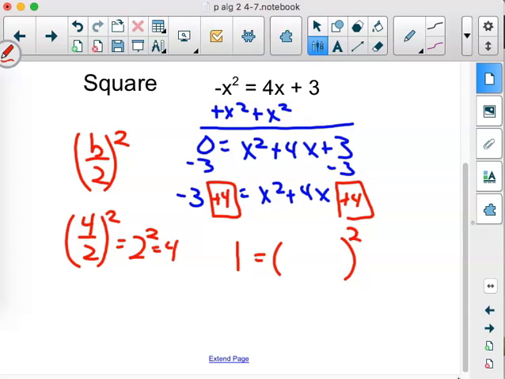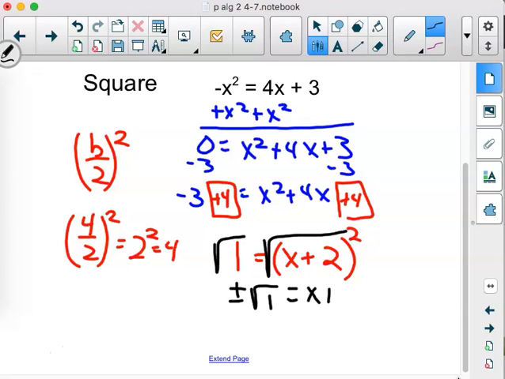And by completing that square that we just did, we made a perfect square trinomial. And you square x to get x squared, and we had to square 2 to get the 4. And this is a plus in the middle, so it looks like this. And now the reason we liked these was because then we could just take the square root of both sides. And plus or minus the square root of 1 equals x plus 2.